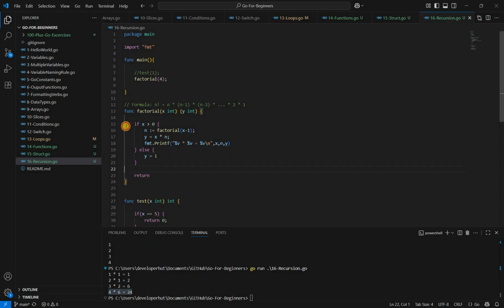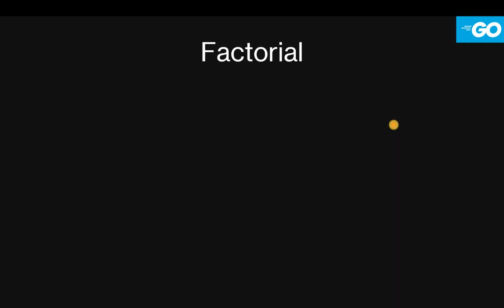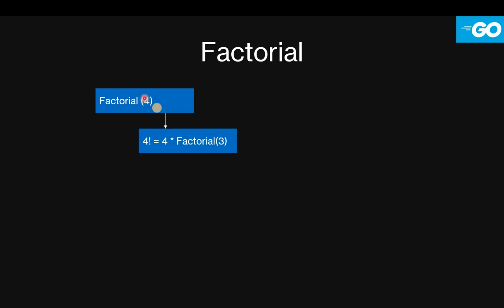Now let's try to understand how this function actually worked. So we call the function factorial and we pass the value 4. As per our program, we call the factorial of 4 minus 1, which is 3, factorial of 3. So we calculate the factorial of 3, and then we assign the product of these two to the y value.